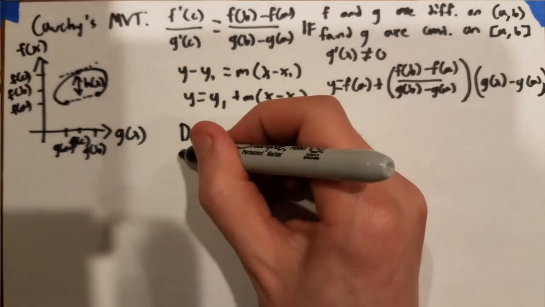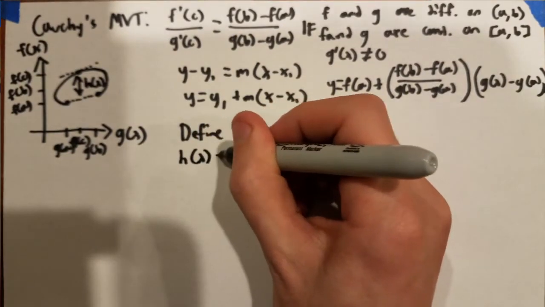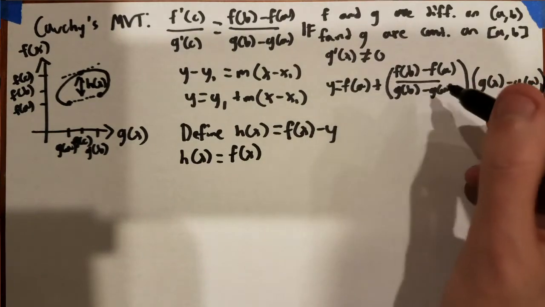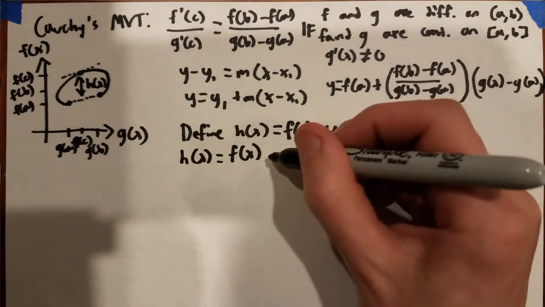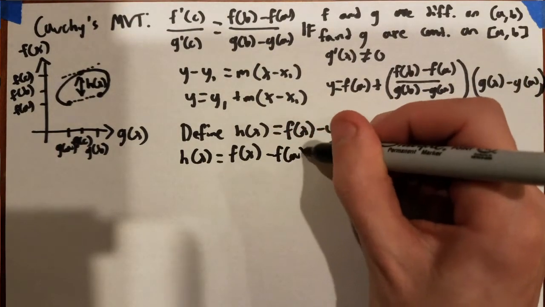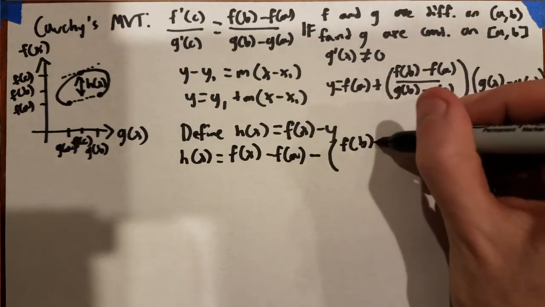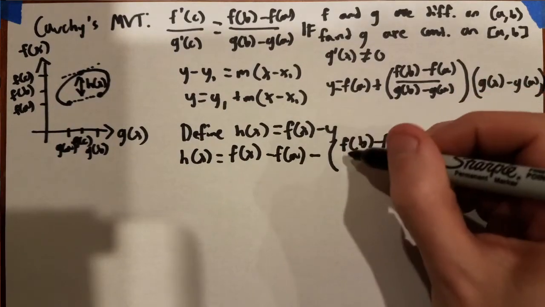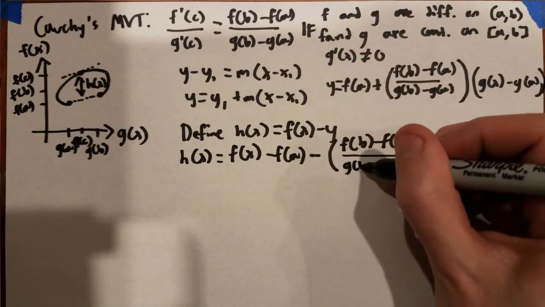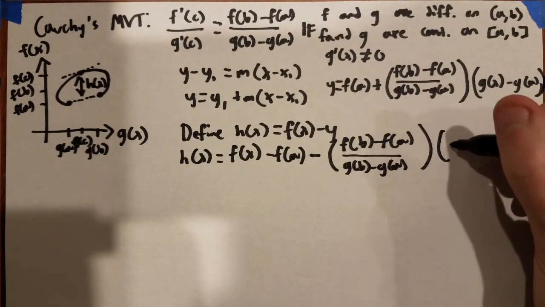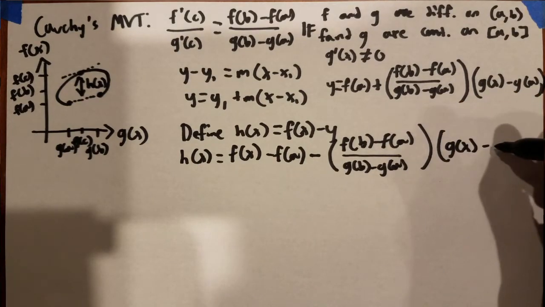We're going to say h of x equals f of x. Now it's important to remember to distribute this negative sign to all our terms. So we're going to get f of x minus f of a minus, and our slope, f of b minus f of a over g of b minus g of a, times g of x minus g of a.